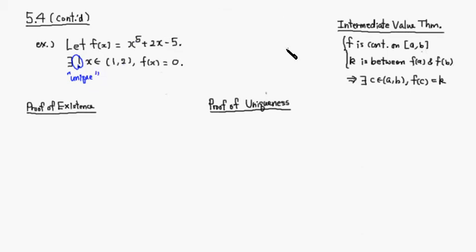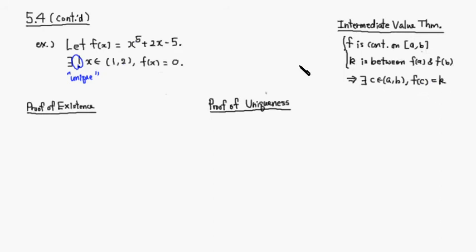In order to prove this, we have to borrow a theorem from calculus called the intermediate value theorem, which states that if a function is continuous on a closed interval from a to b, and k is any number between f(a) and f(b), then there exists some number c between a and b such that f(c) = k.